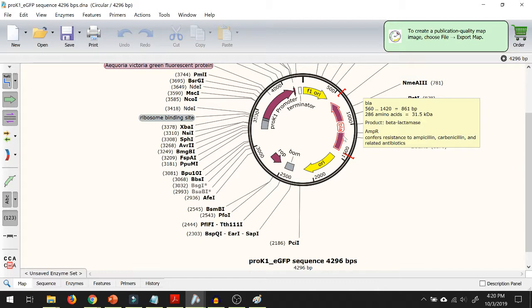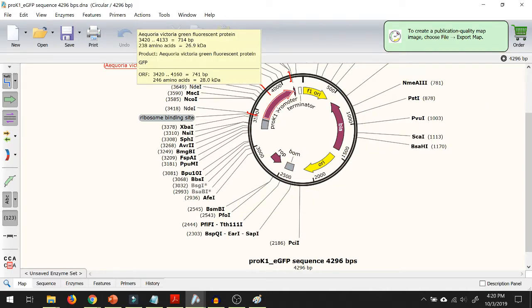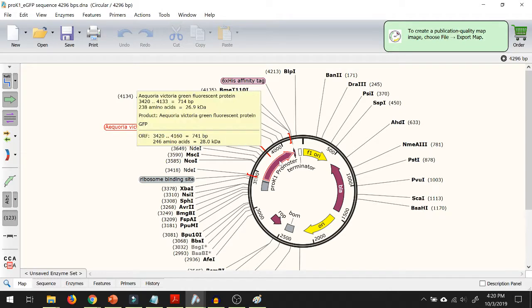So you can use that specific type of media to select for bacteria, or an organism, that have been engineered with this plasmid. So besides that, all you care about is putting your gene in this plasmid, right? Antibiotic resistance.